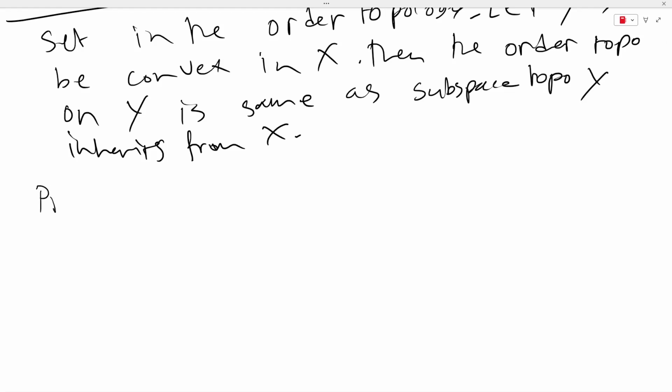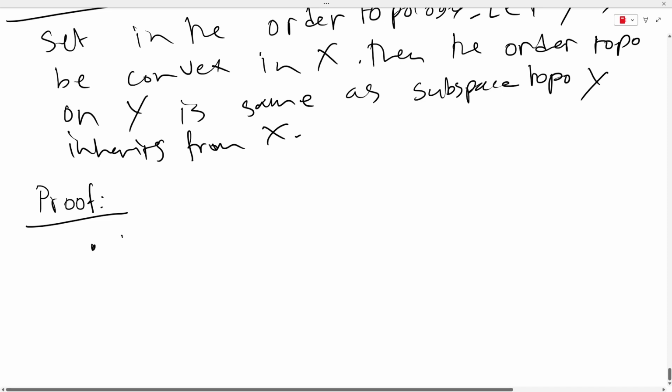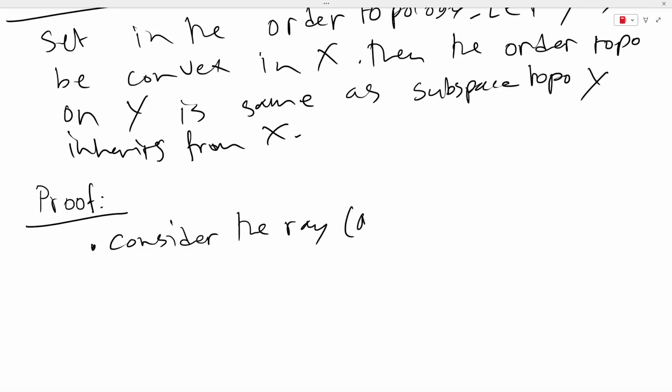So here is our proof. Consider this ray in X. What is the intersection of this with Y?